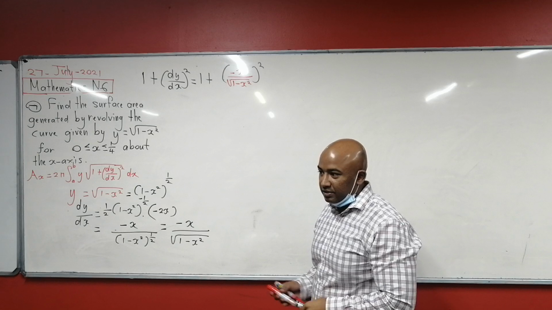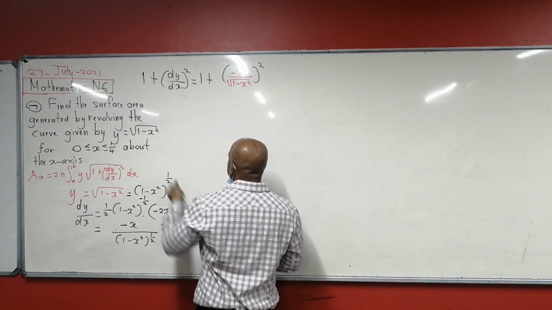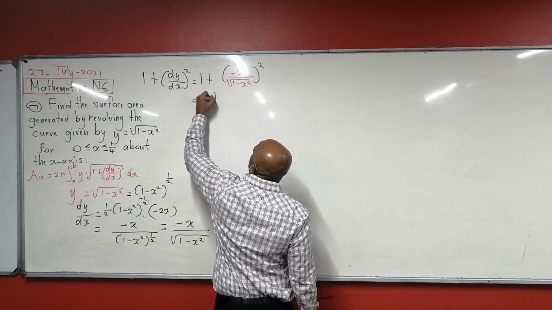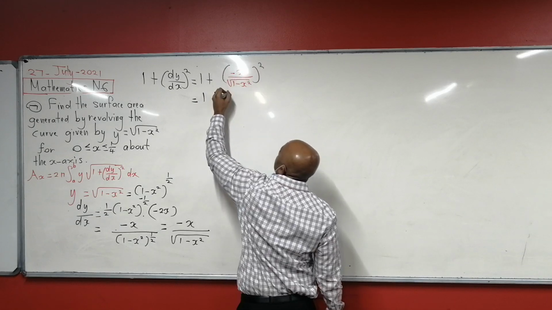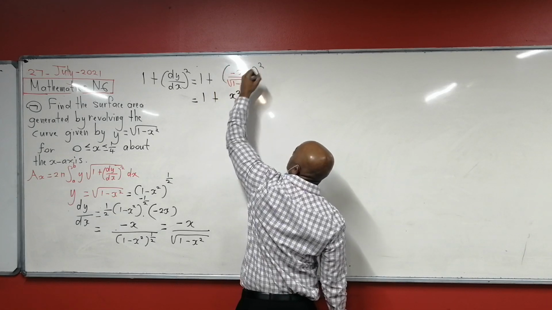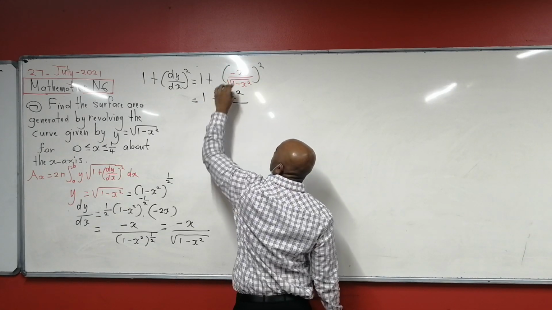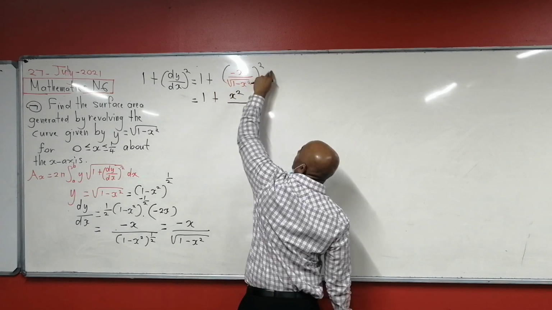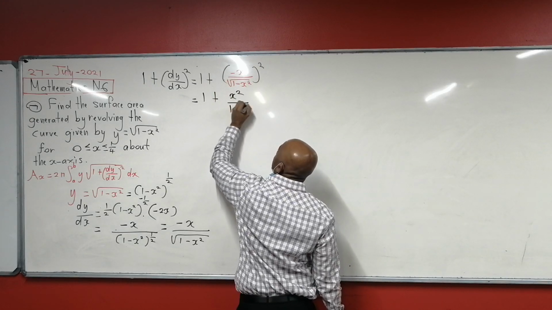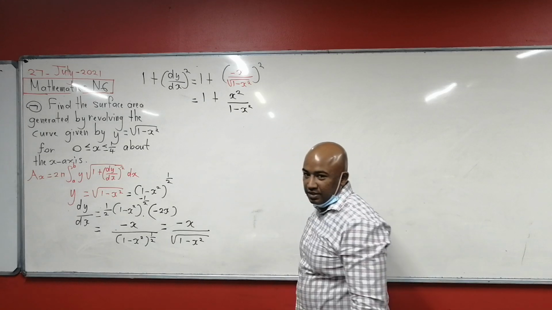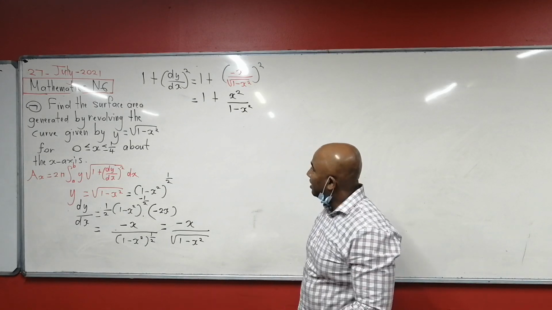You can see that? So now that's going to be 1 plus, you square that, negative x all squared is a positive x squared. The square root of 1 minus x squared all squared is just 1 minus x squared. Alright, it does not end there.